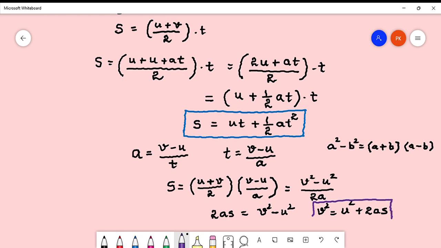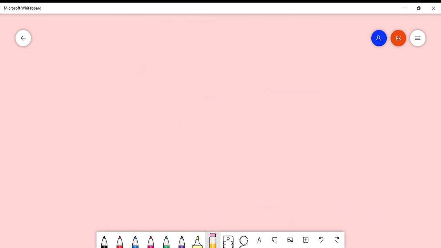So let us just go through all the equations of motion once. So what is the first equation of motion? V is equal to U plus AT, which gives the final velocity in terms of initial velocity, acceleration and time.